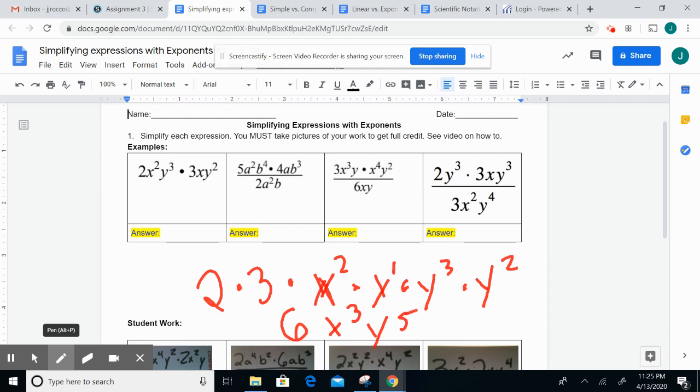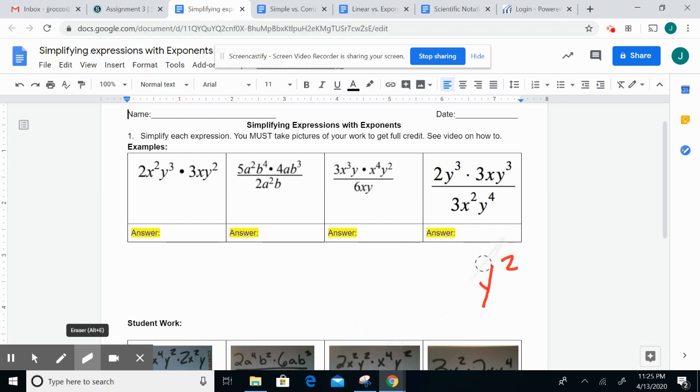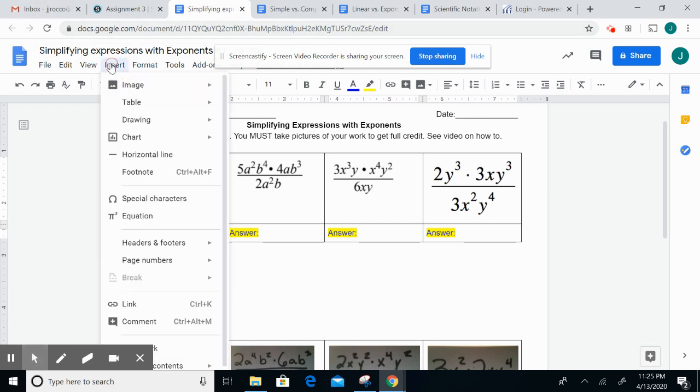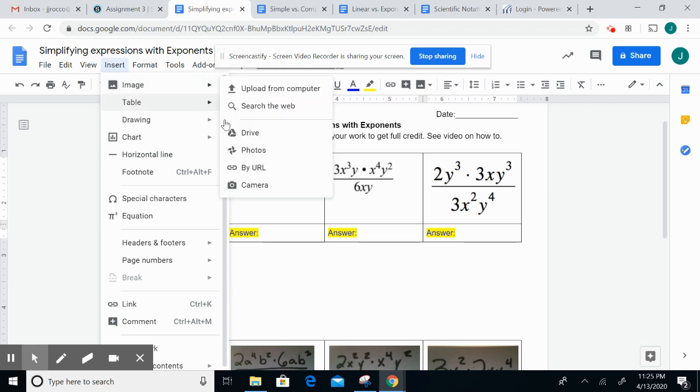Now, what I would like you to do is post pictures of your work. Some of you didn't do it the first time around. You need to do it here, especially here, so I can see what we're looking at. Whatever work you did. So insert picture, camera.